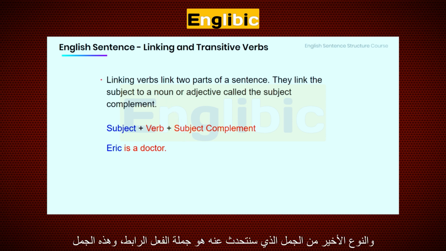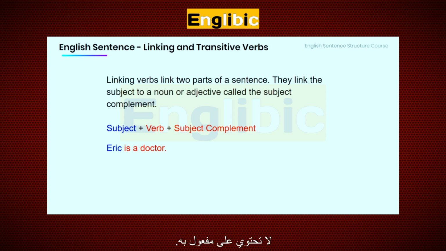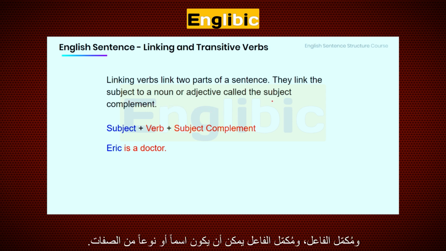And the last type of sentence we'll talk about, okay, is a linking verb sentence. And these sentences don't have an object. They have something different called a subject complement. So the linking verbs use a verb that links two parts of a sentence, and those two parts are the subject, okay, and the subject complement.